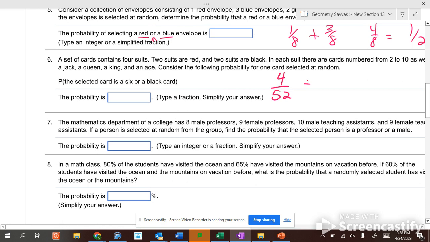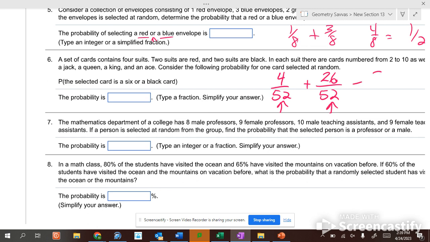What's the chances of selecting a black card? Half of them, which is 26 out of 52, right? Now, did I count any cards twice? Yeah, the 2 black 6s I counted twice because I counted them with the 6s and I counted them with the black cards.